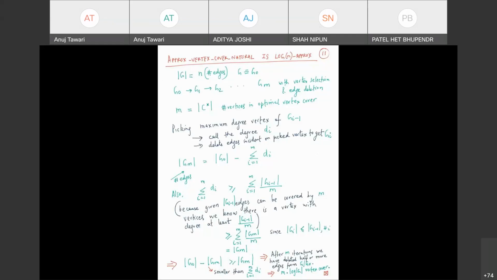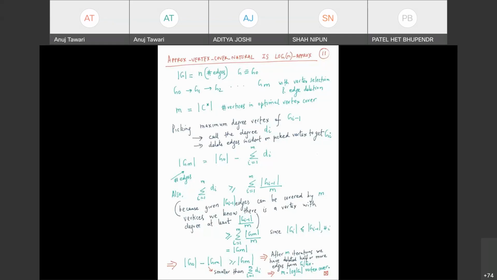So what are we saying? After m iterations of this algorithm, the number of edges has become half or possibly even less, right? This observation is very critical because in m iterations, we have deleted half of the edges. And finally, when do we stop?